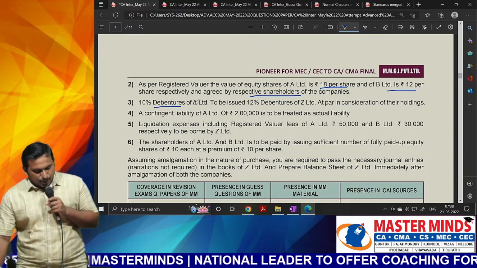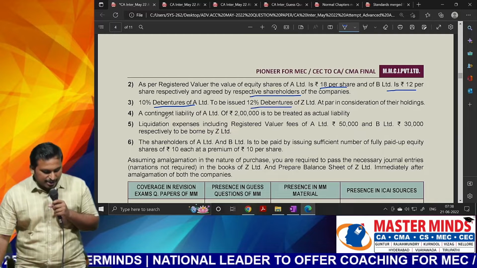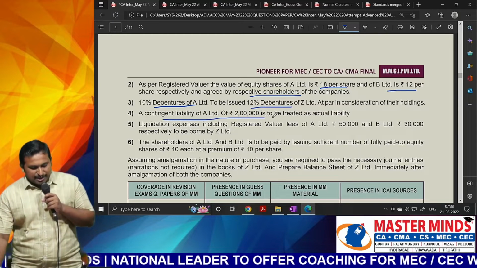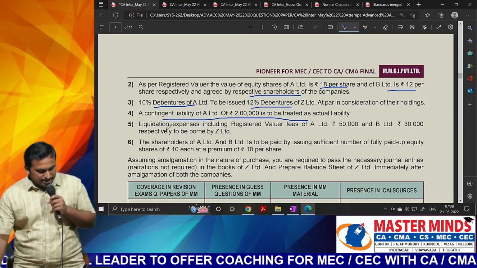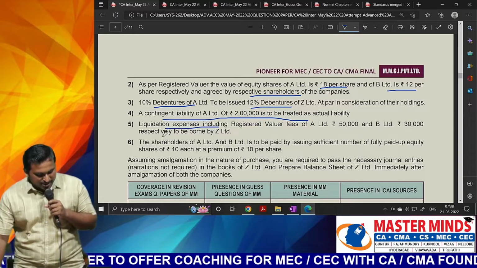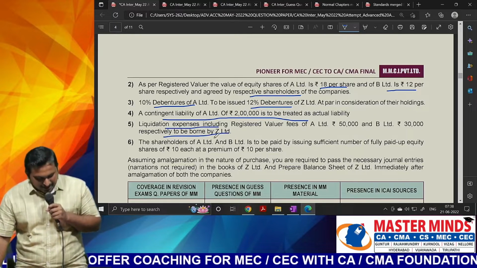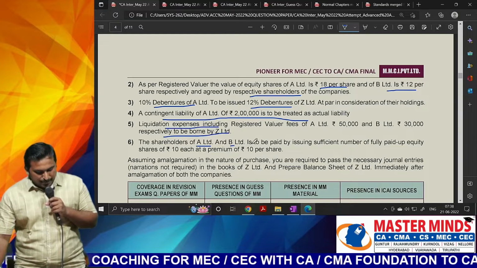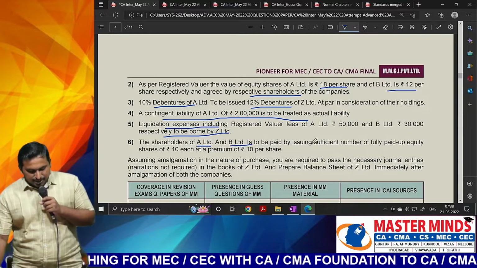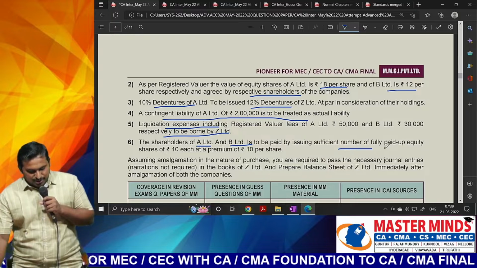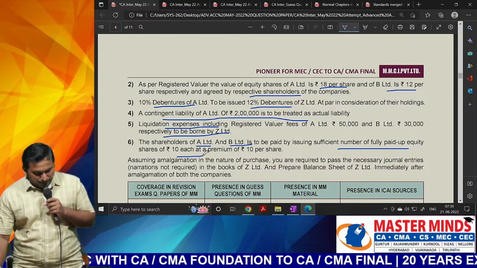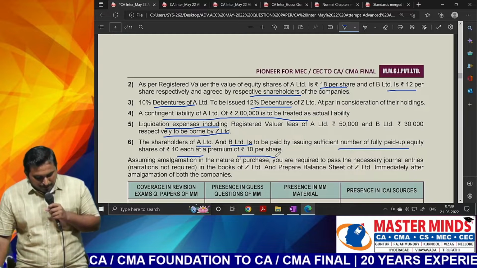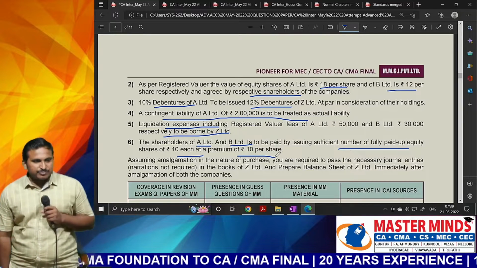They tell how debentures are to be settled, that a contingent liability of A is to be treated as an actual liability, and that liquidation expenses are to be borne by Z. The shareholders of A Limited and B Limited are to be paid by issuing sufficient paid up equity shares of rupees 10 each at a premium of 10 per share.